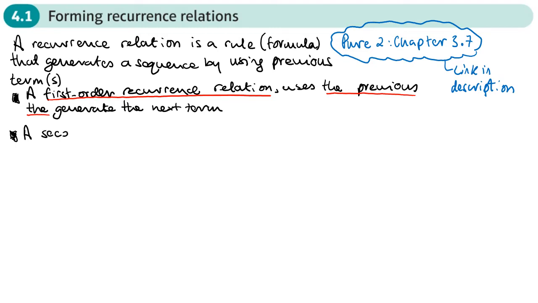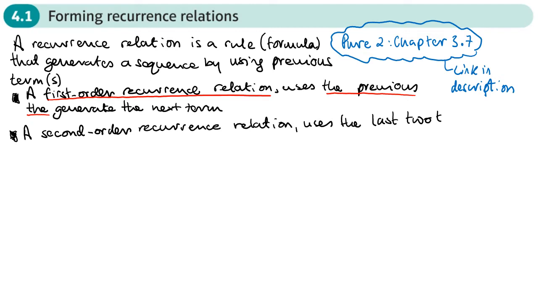So a second order recurrence relation uses the last two terms to generate the next term. Now I've just realized my English doesn't make any sense here. Uses the previous term to generate.